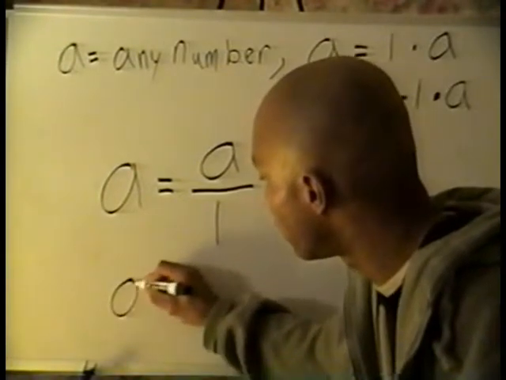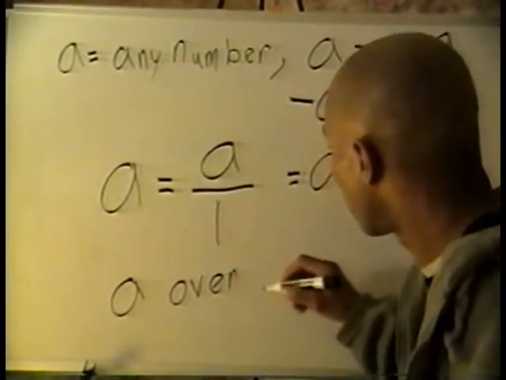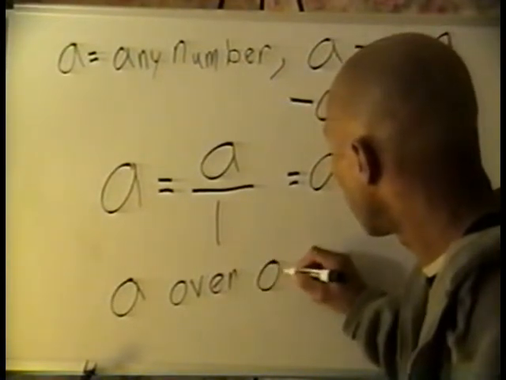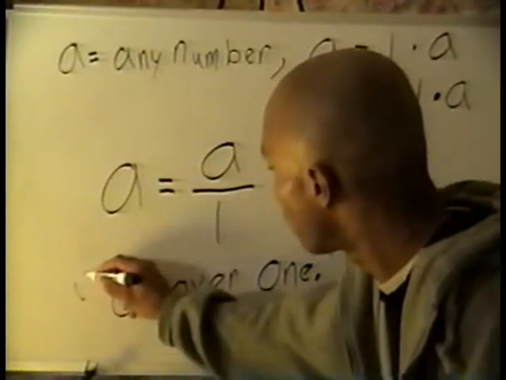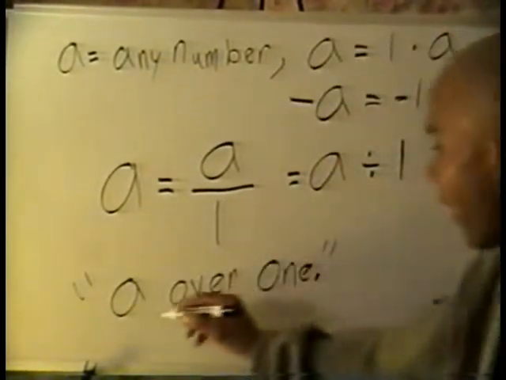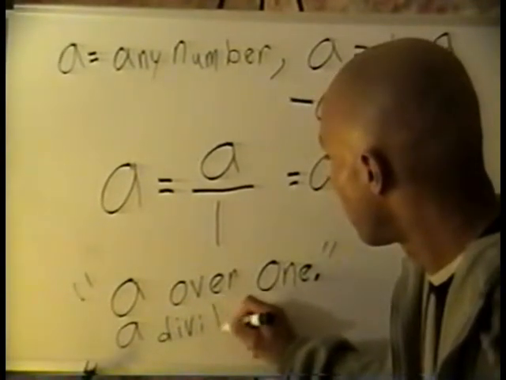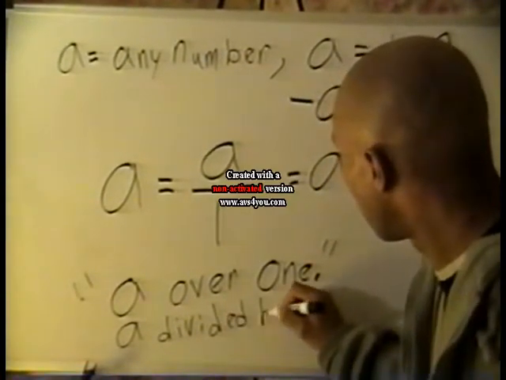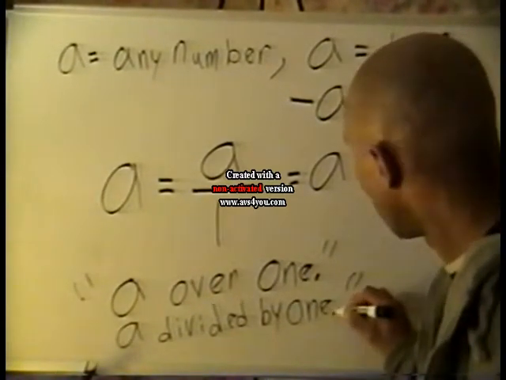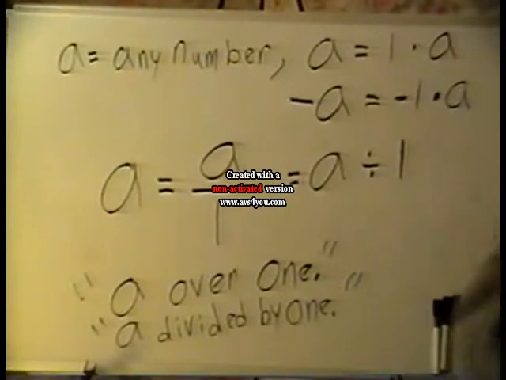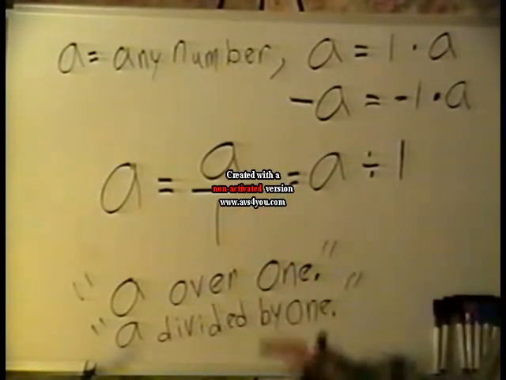This here is read as a over 1, or a divided by 1. I like to say a over 1.